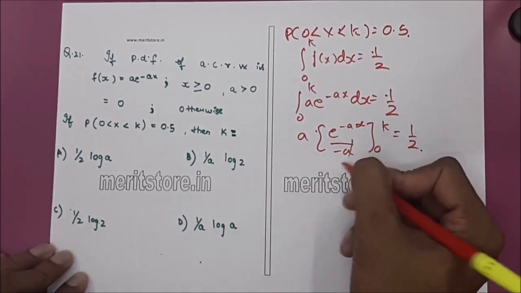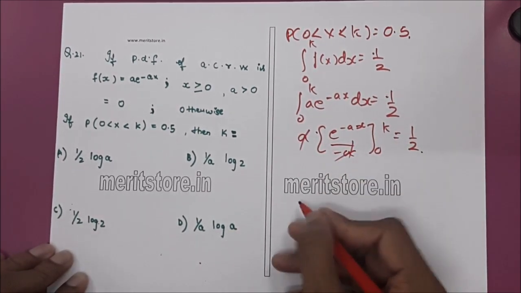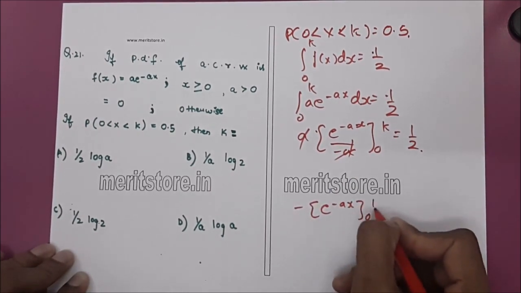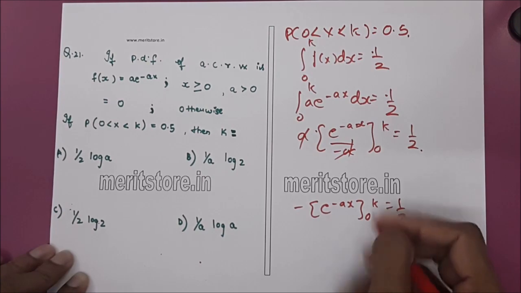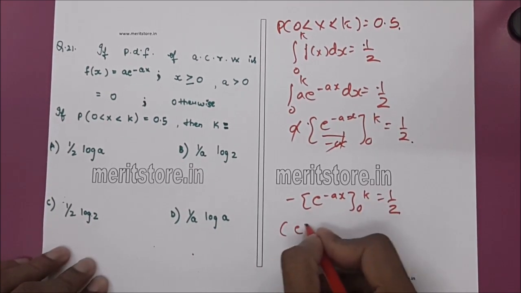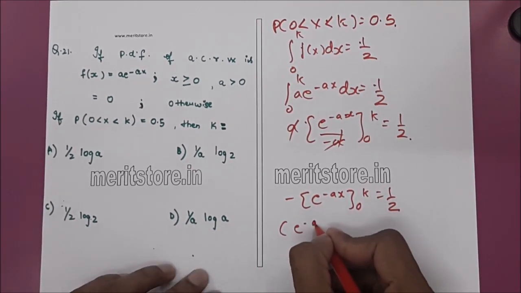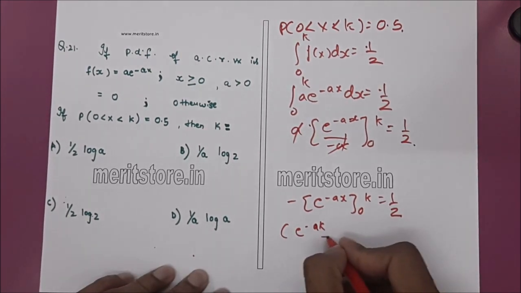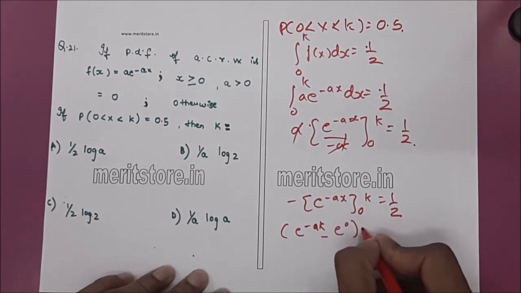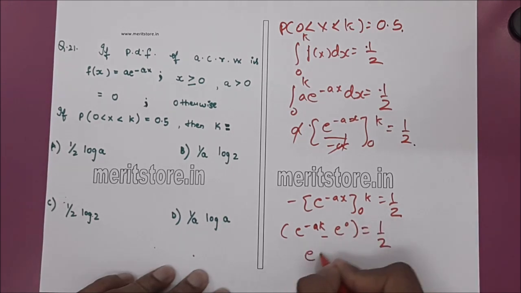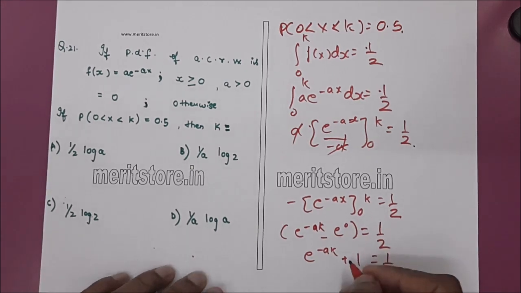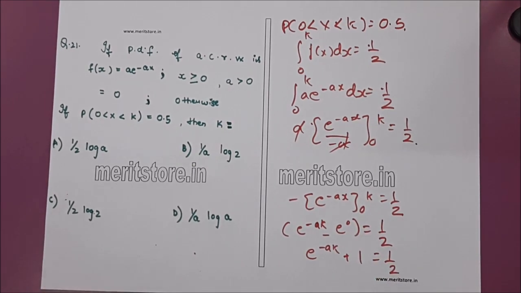Solving this, a gets cancelled, we are left with minus e raised to minus ax from 0 to k equal to half. We substitute the limits in x, we get e raised to minus ak minus e raised to 0 equal to half, so we get e raised to minus ak plus 1, since e raised to 0 is 1.